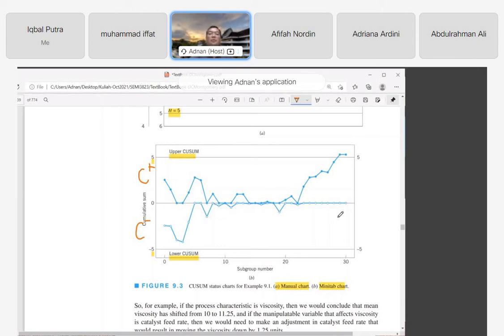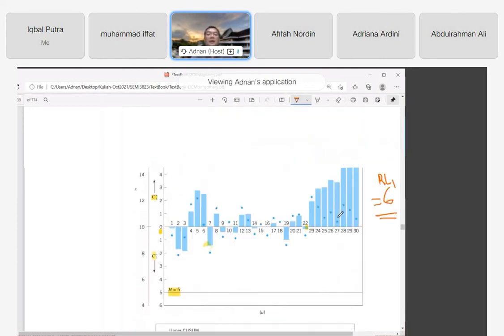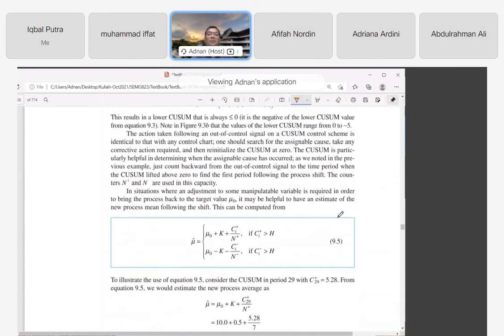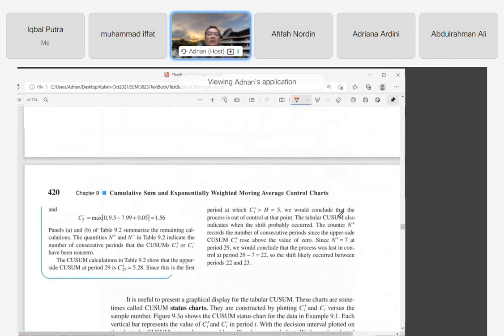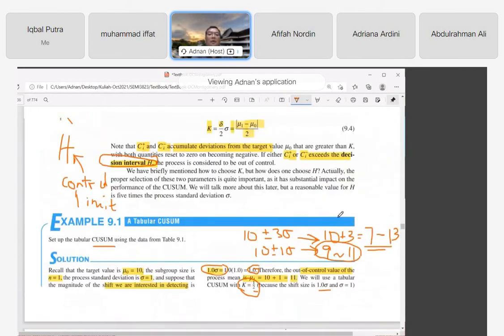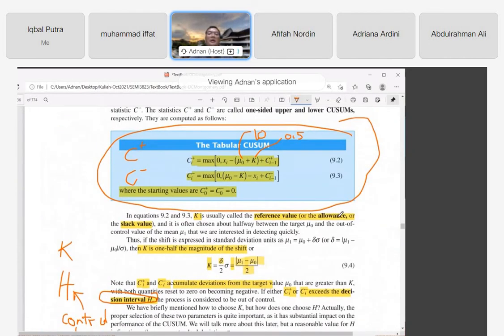Because the formula says that you need to select a value between 0 and this one, the maximum. C plus is taking the maximum value, either 0 or these values. If you get negative, it will reset to 0 here. The bottom part, you have C minus.